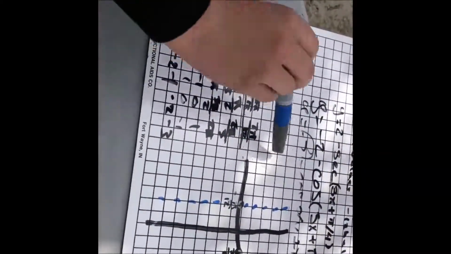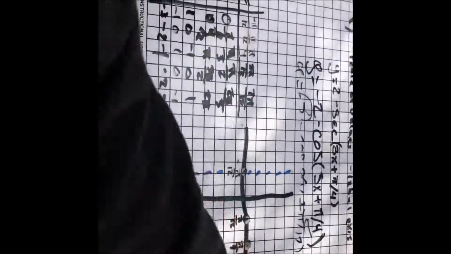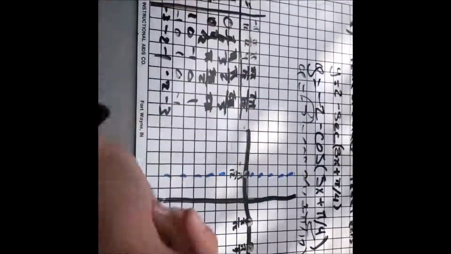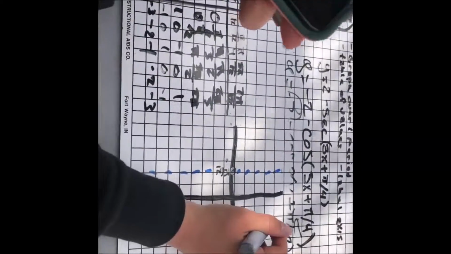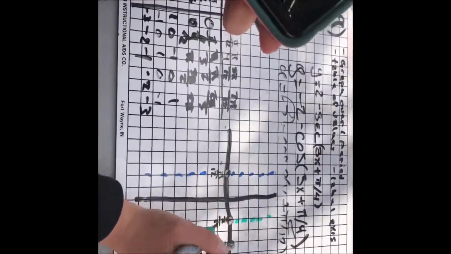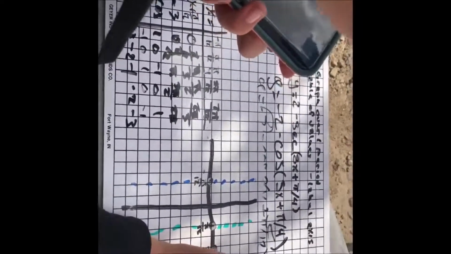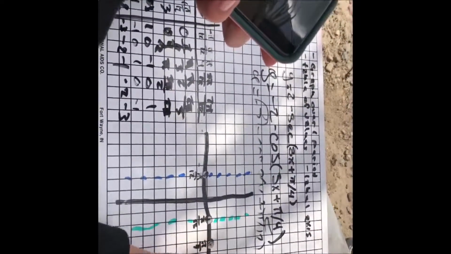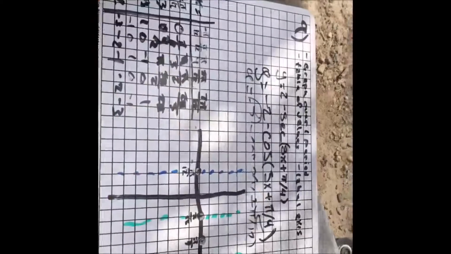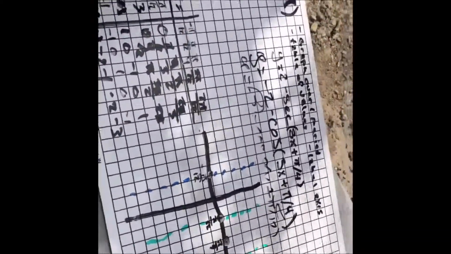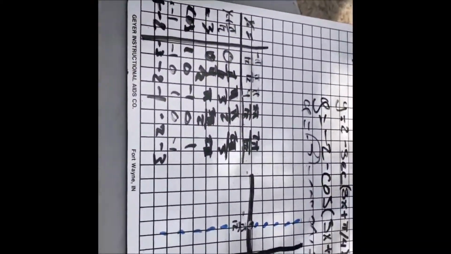Okay, and then there's also another one. Another. Okay, over here. Over here. Okay. And so then we graph the points.